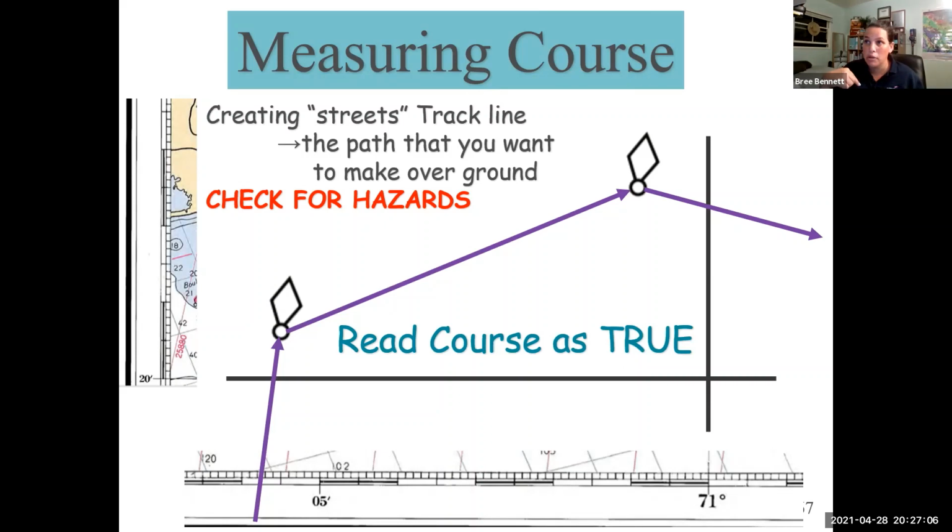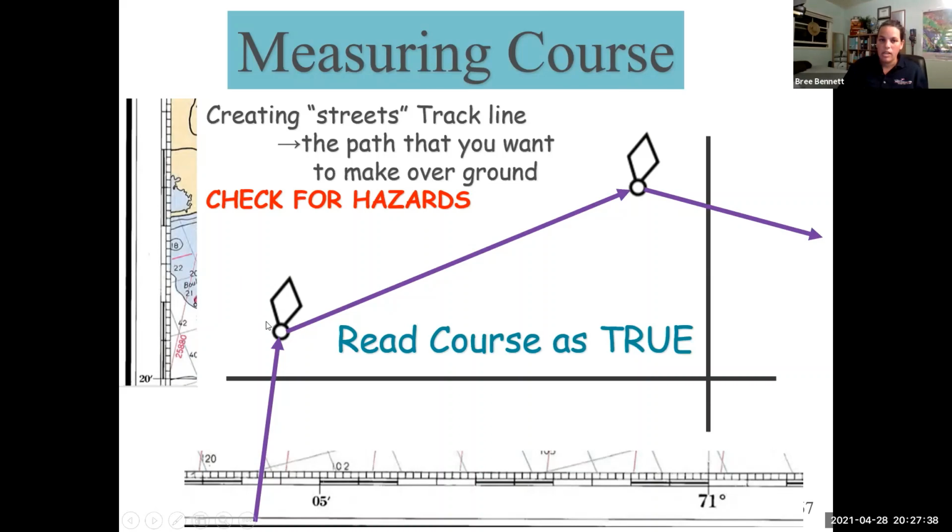An inch or two above or below the line, maybe a couple inches, that's up to you. But you want to follow along that track line or course line and see if there's any hazards. Is it too shallow? Am I crossing a traffic lane? Am I going through a sailing regatta? Whatever it is, you want to make a note of what you're going to be seeing along the way.